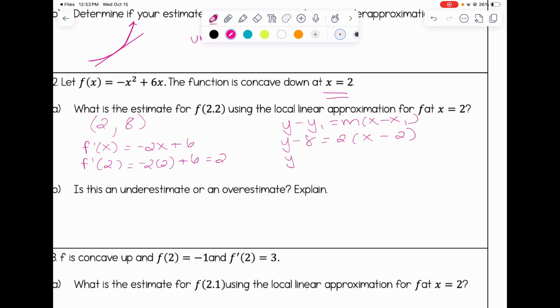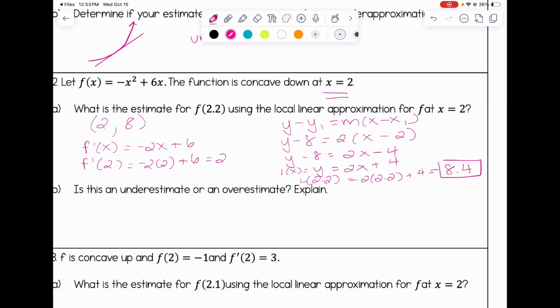We can move that 8 over and distribute. You have a few options for the order of your steps, but I'm basically getting y equals 2x plus 4. That's our linearization, our tangent line, and now I'm going to plug in the value we want, 2.2. When I do that, I get 8.4.